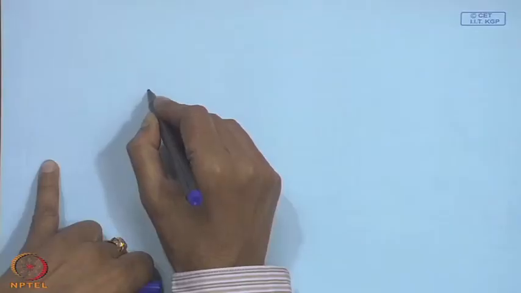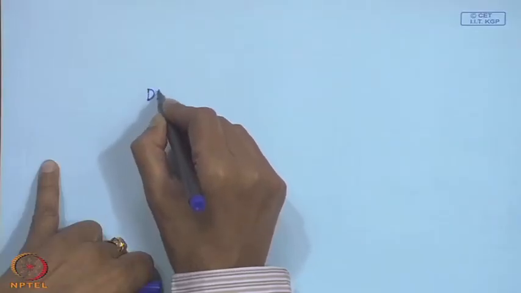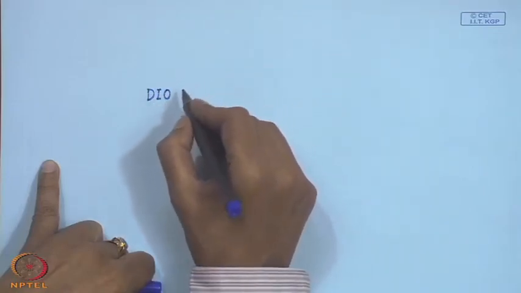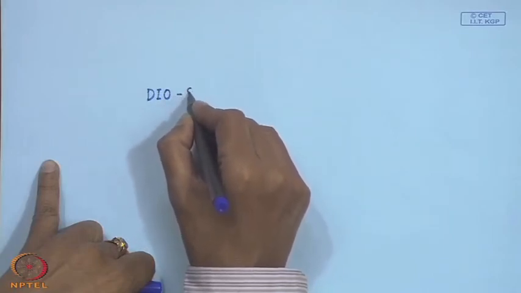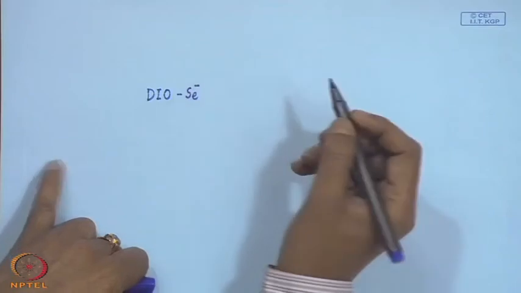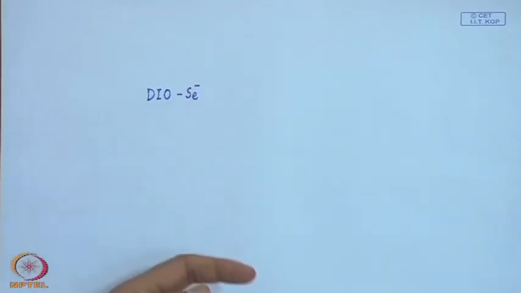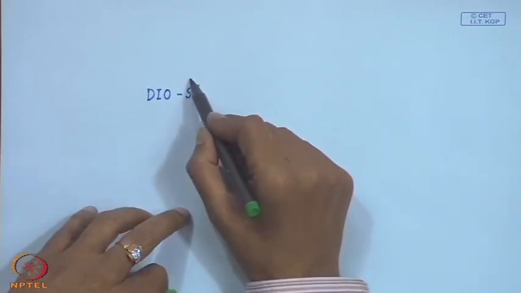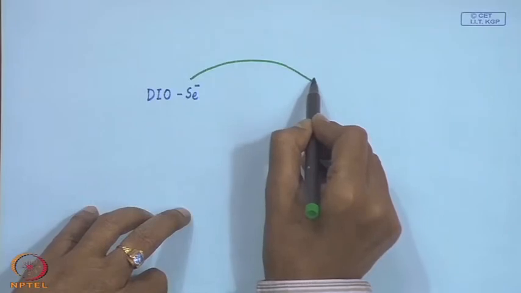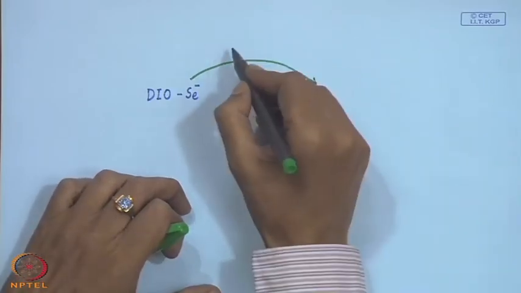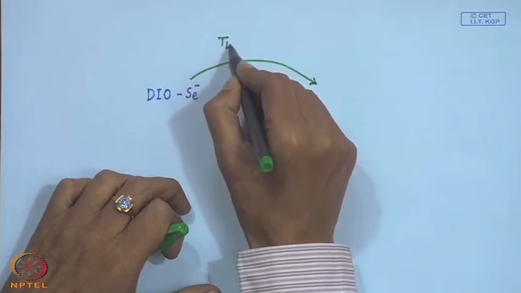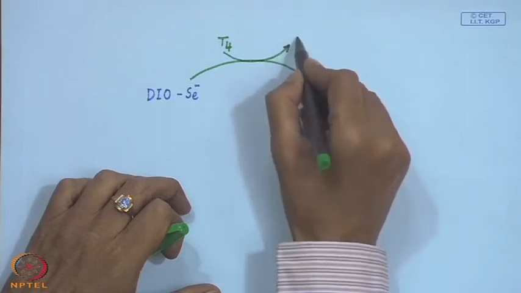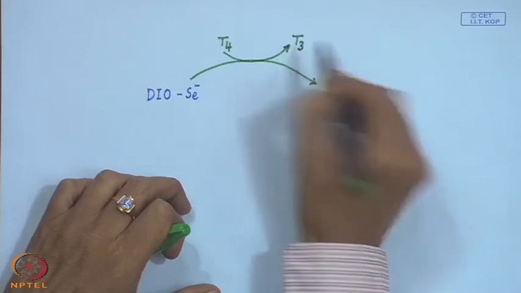So, basically we have the enzyme deiodinase, and we see that it has the selenocysteine amino acid. This selenocysteine is responsible for the conversion of T4 to T3.